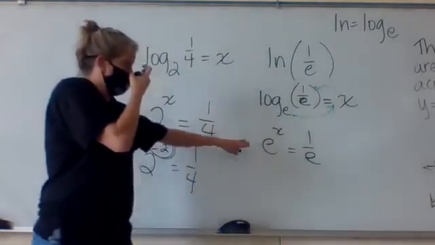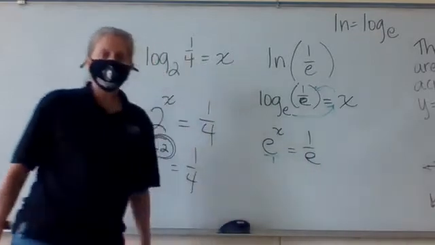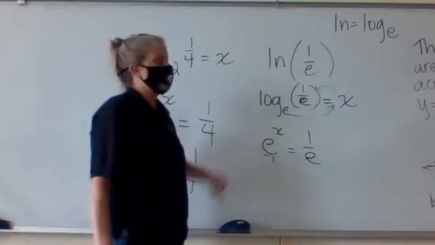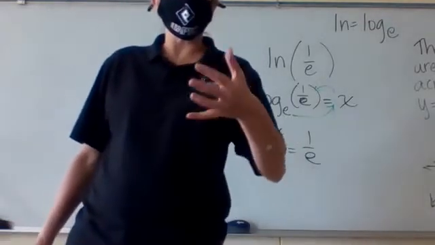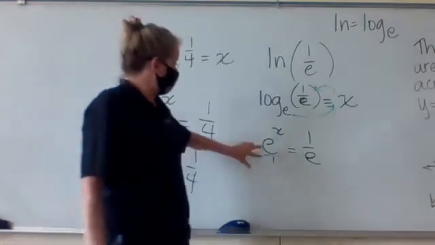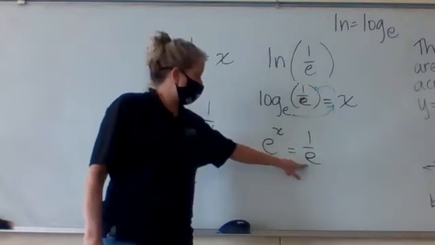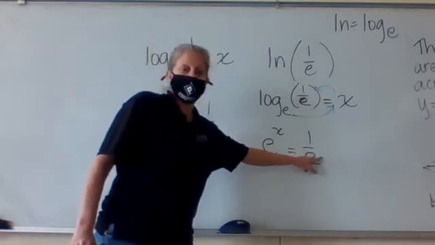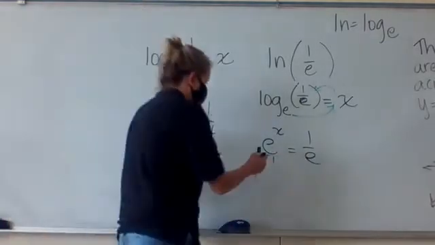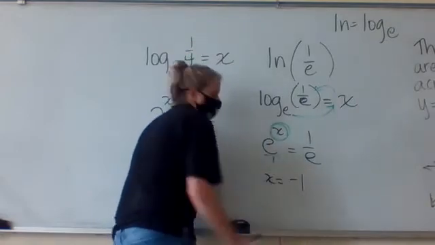Well, what did I do from this side to this side? It looks like I just need to flip that e to make it 1/e. So that's why that exponent needs to be negative, first of all, because I'm going to flip it. And it only needs to be -1 because after I flip it, the e just needs to be to the first power, right? I don't have e squared or anything down here. So all I need is to flip that e, which means this right here just needs to be -1.